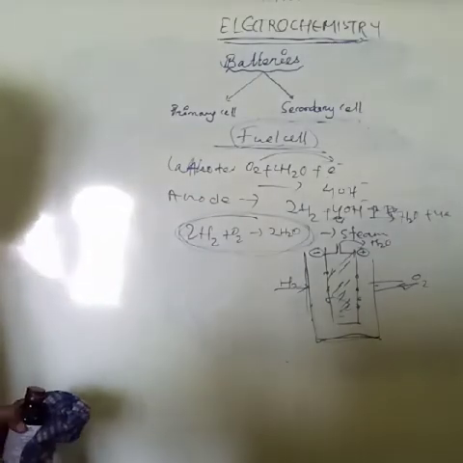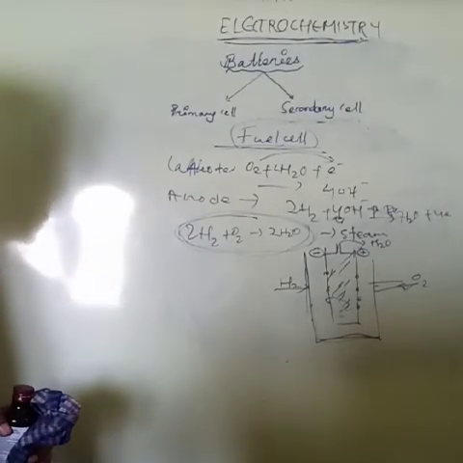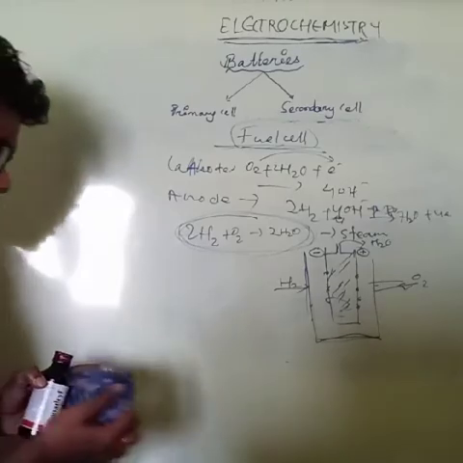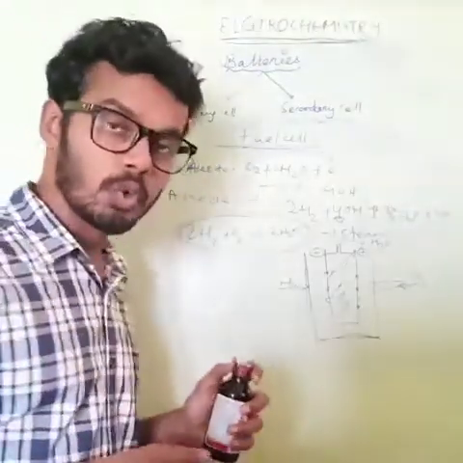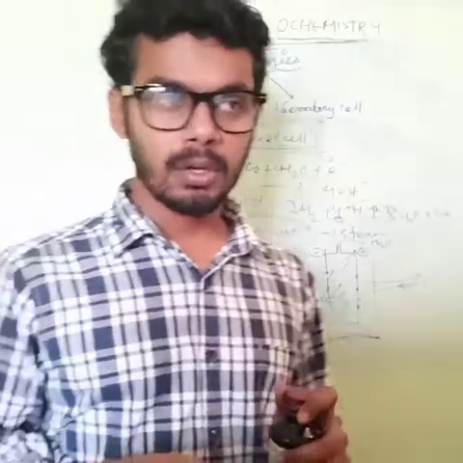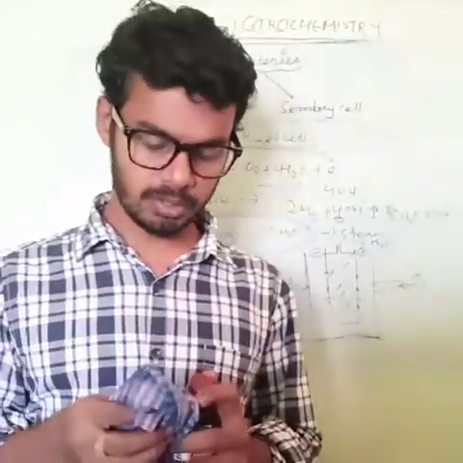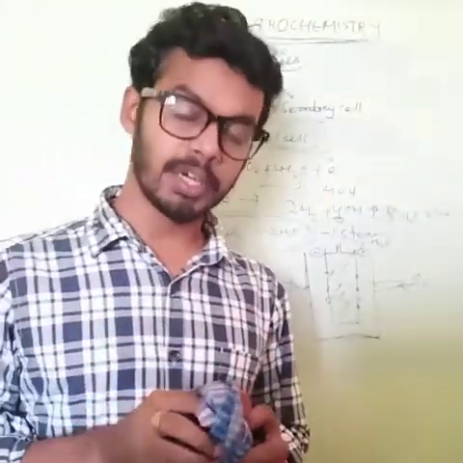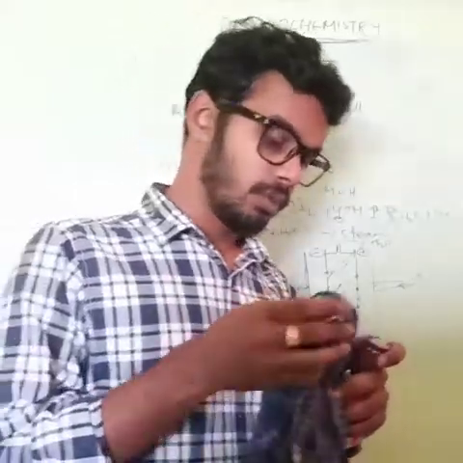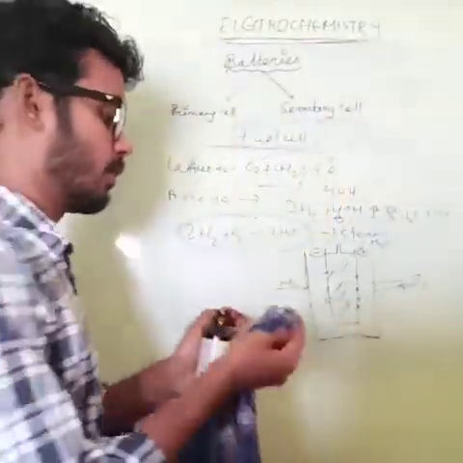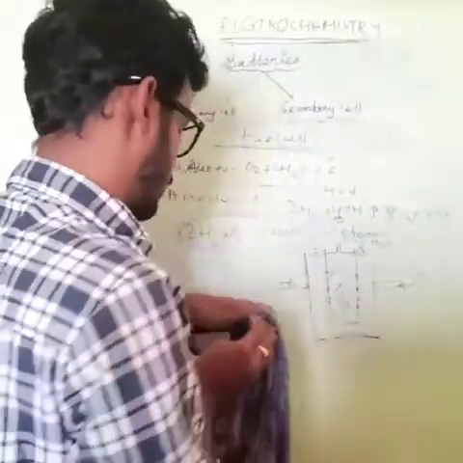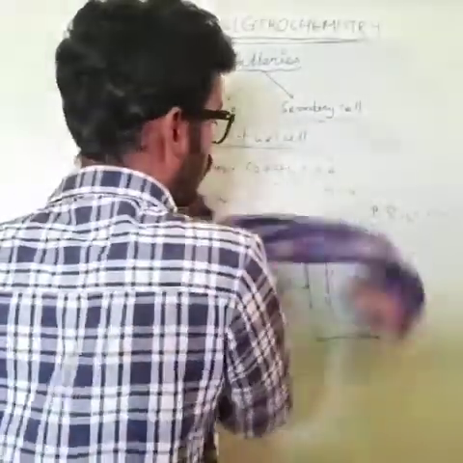Okay, this is your fuel cell. Next we'll proceed to corrosion. What is corrosion? Basically, corrosion is a coat, right? We all know the rusting of iron, right? That is corrosion.